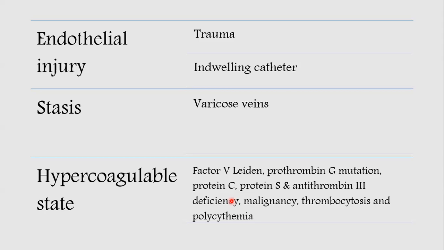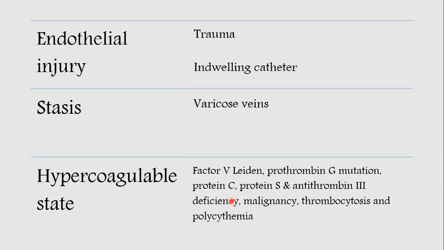Next comes stasis. Varicose veins are known for areas of the veins with turbulence of blood flow and stagnation of the blood within. This can also bring about the development of superficial thrombophlebitis.